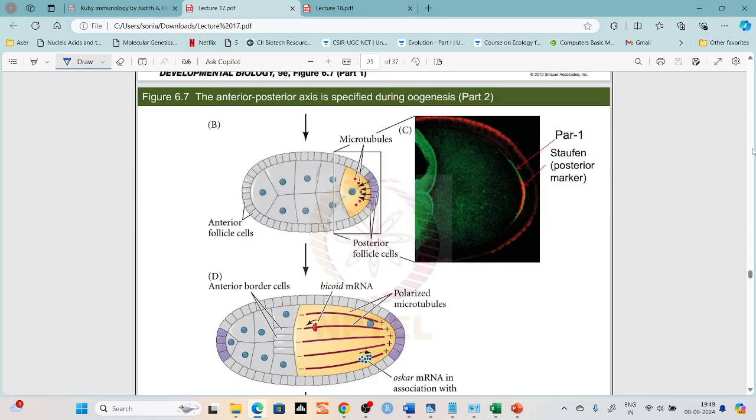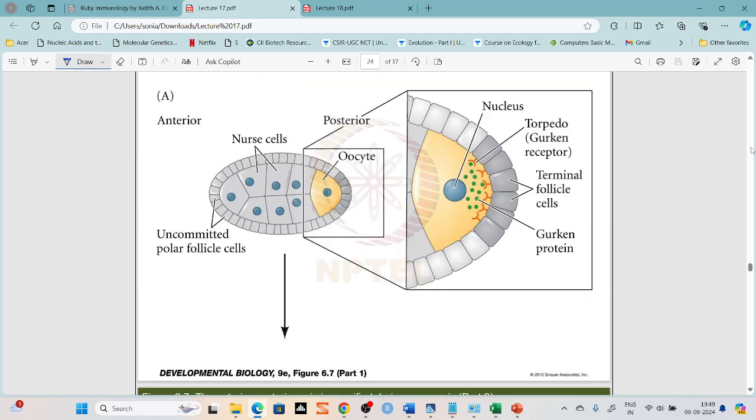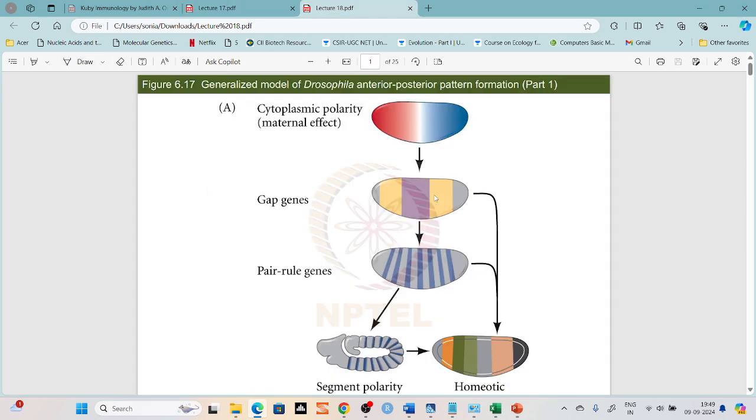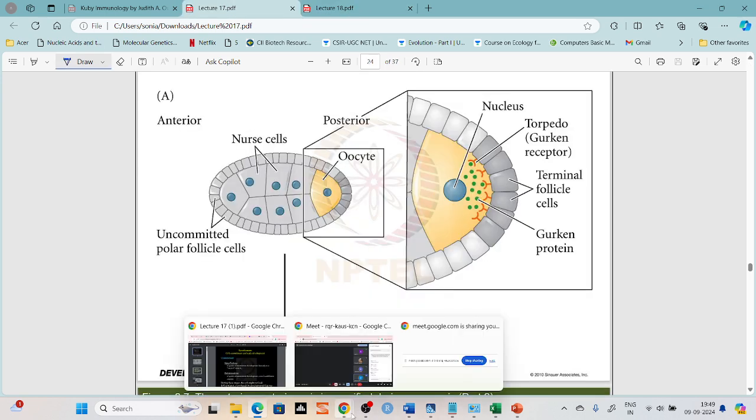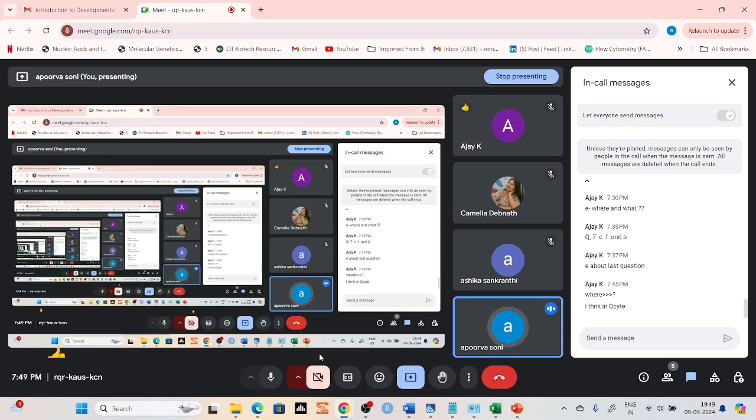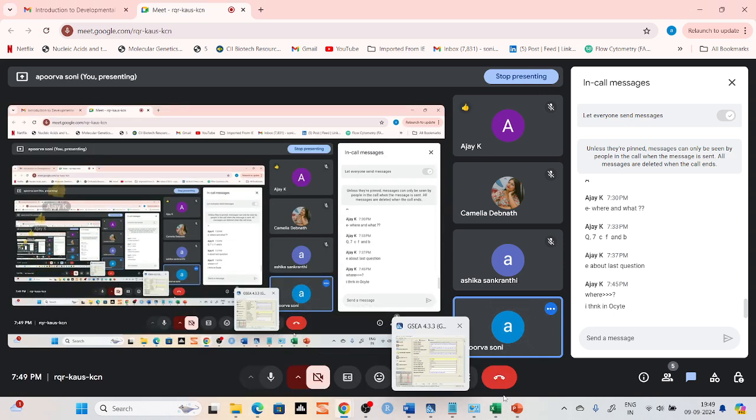But before that, the components from the nurse cells are moving without the help of the microtubules. I hope this is clear. You can just go back and read this part. It will be even more clear. Fine.